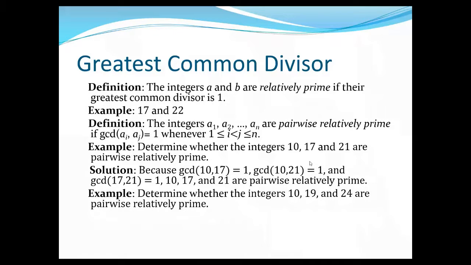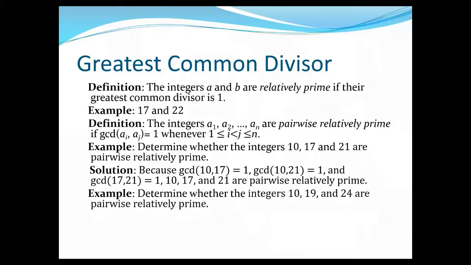And for the pair between 17 and 21, we also have 1. So therefore, since when we pair all the given, the GCD result is 1, it is considered as pairwise relative prime.